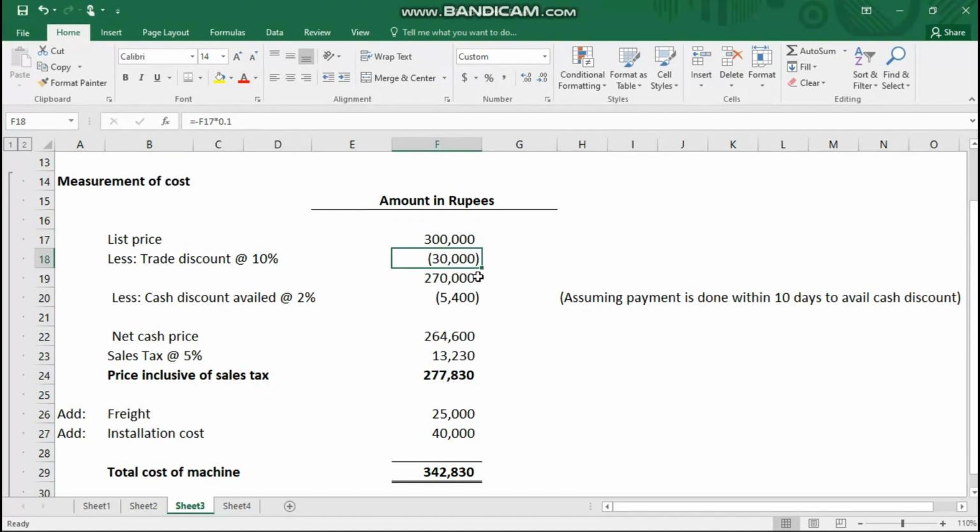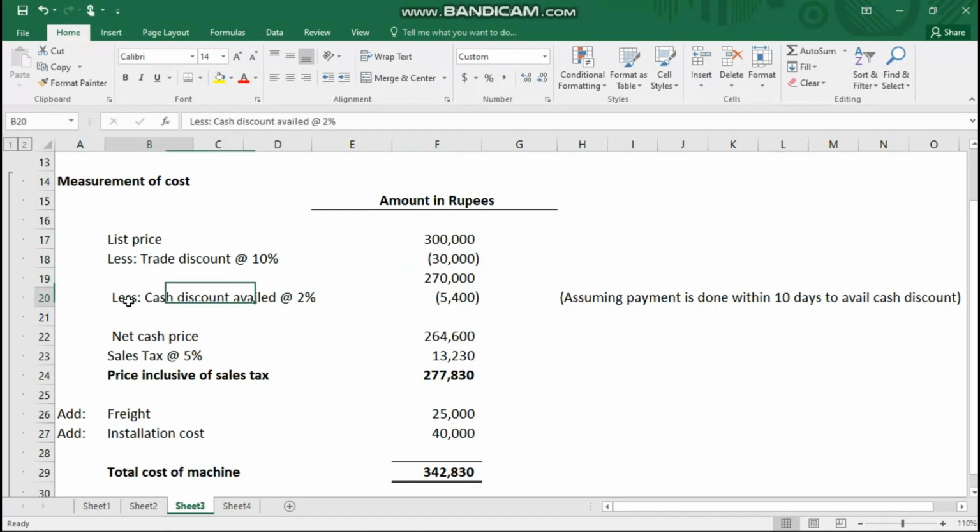It means that our list price will be reduced to 90%, because 10% is trade discount, and we all know that we never book trade discount in our books of accounts. We simply deduct 10% from the list price, and this gives us 270,000.